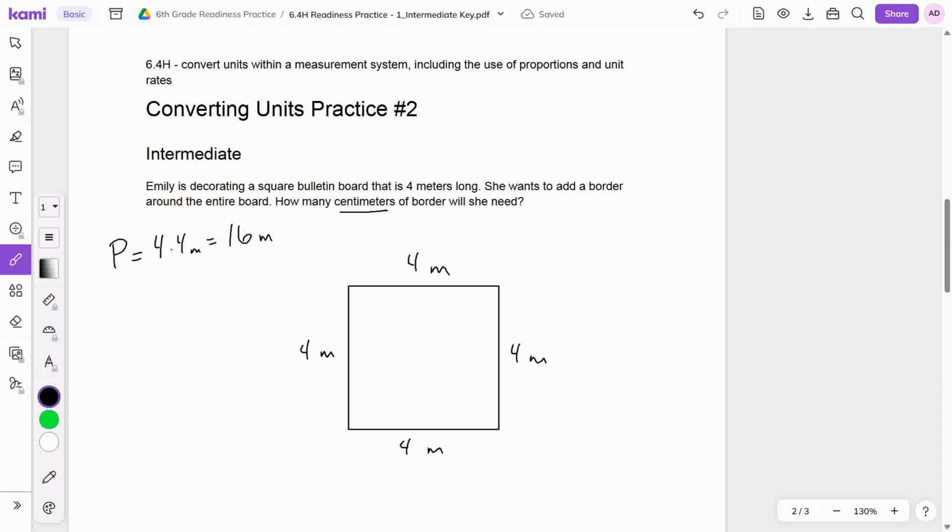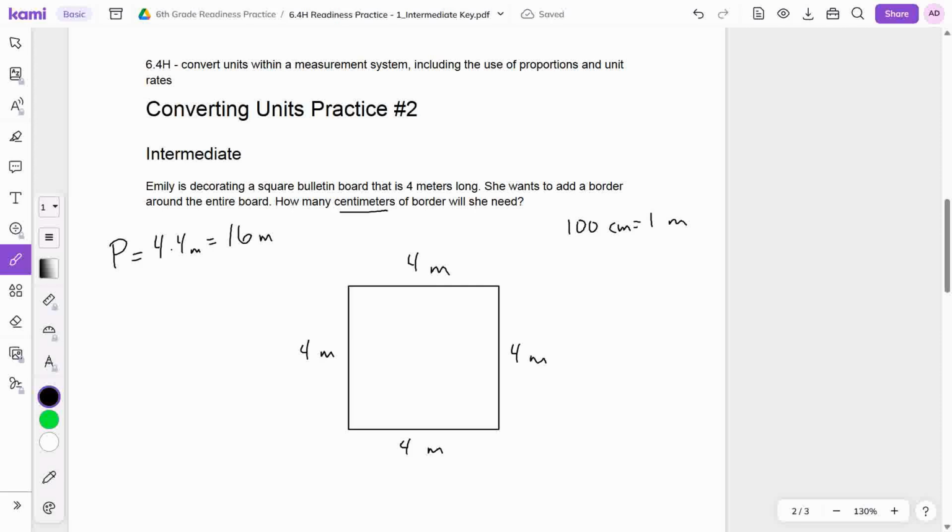4, 8, 12, 16. Now, the conversion we need to know here, when we're dealing with meters and centimeters, is that 100 centimeters equals 1 meter. So imagine I've got 16 chunks, and inside each of those meter chunks is 100 centimeters.